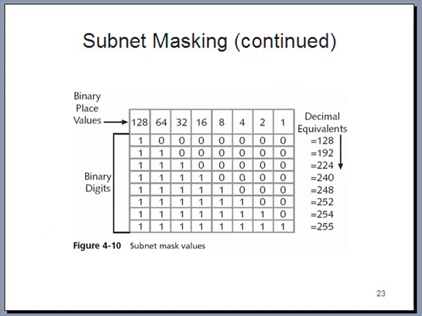This next chart just lists the equivalent numbers. 128, two ones here, you take 128 plus 64 to get the 192. The 3 ones here is, again, 128 plus 64 plus 32 gives the 224, and so forth and so on.